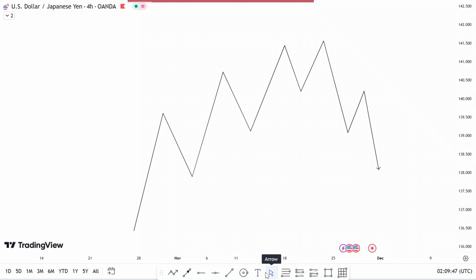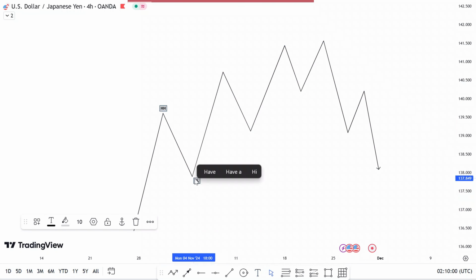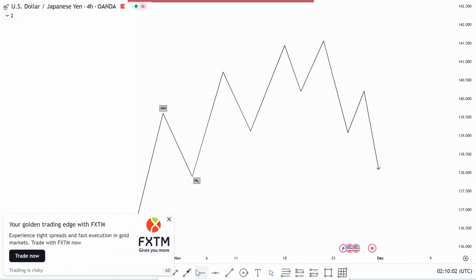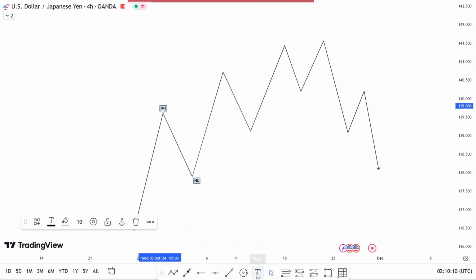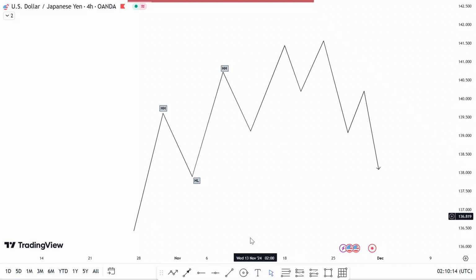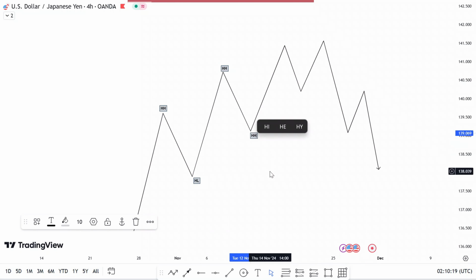Remember, we talked about that if the market is in an uptrend, it creates higher highs and higher lows. The same is going to be for every single one of them here. So it continues to create higher highs and higher lows.